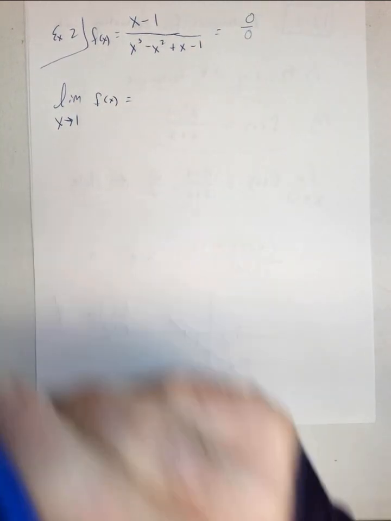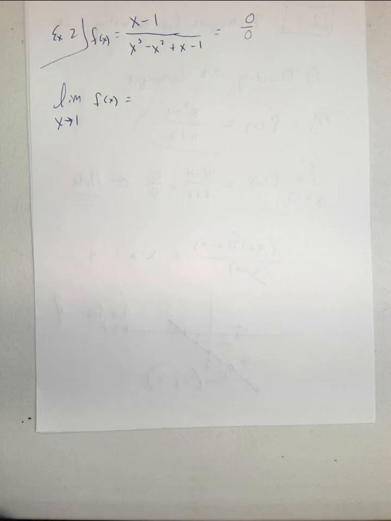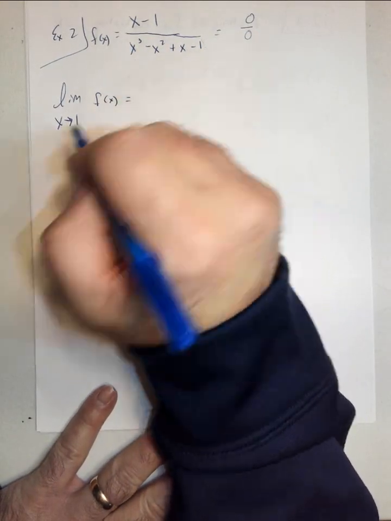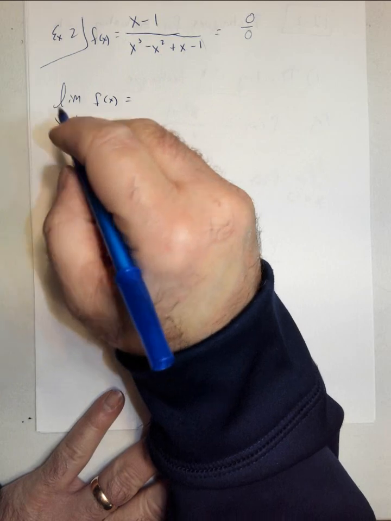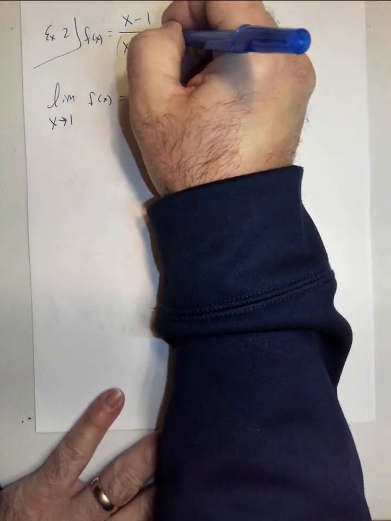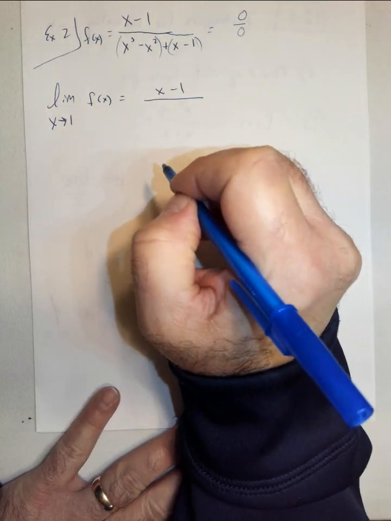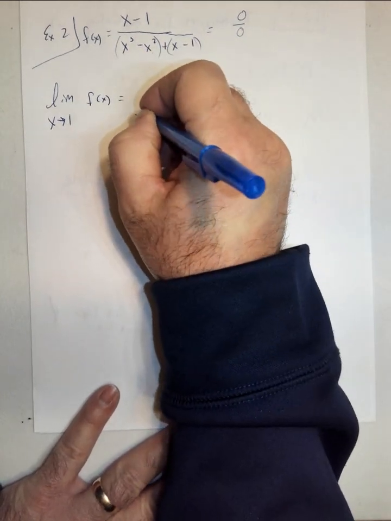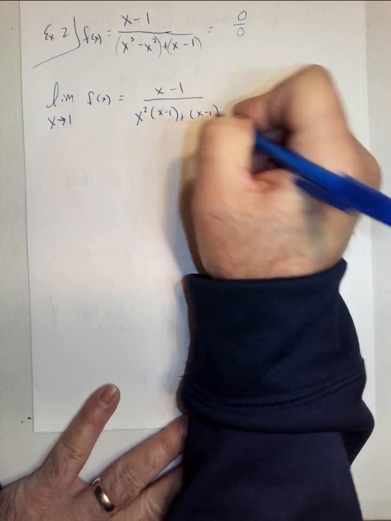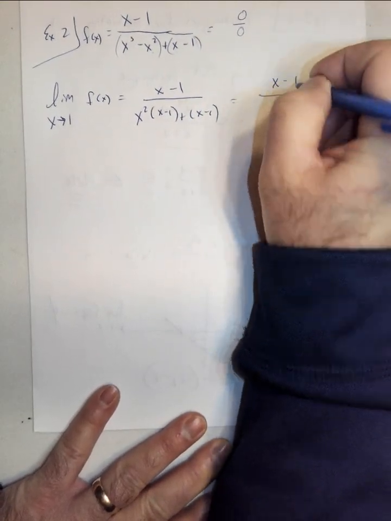That immediately alerts you to the fact that you need to find and destroy the hole. You've got to remove the hole. So look to factor. Can I factor this? Well, that's one we're going to have to do by grouping. Factor out the x squared, so I get x minus 1.